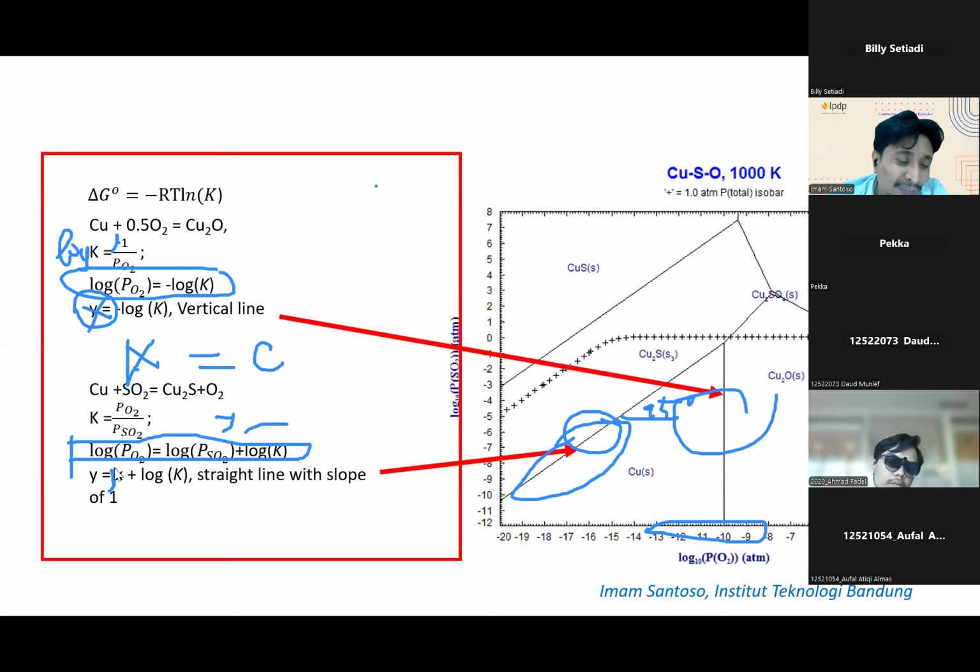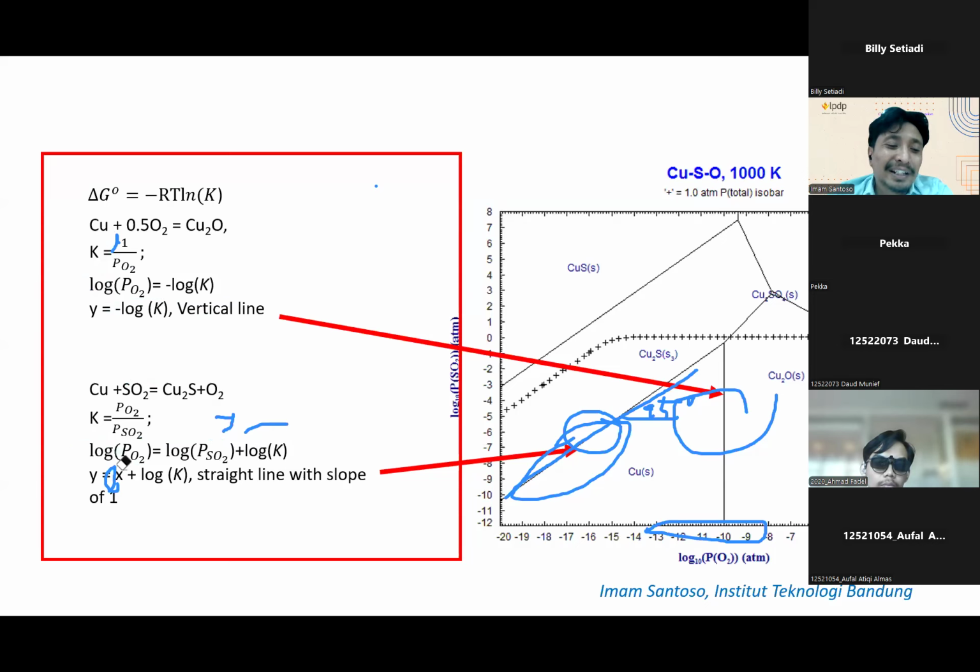Remember, in front of the X is 1. It is the slope. This is this line. So this is actually how to draw the Kellogg diagram. Very, very easy. However, in the examination, students cannot do this. Okay, guys.